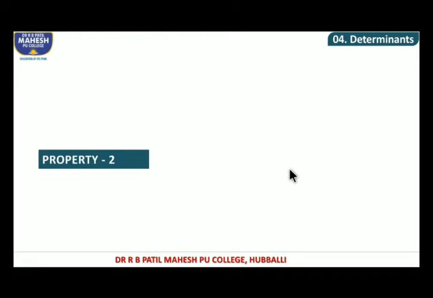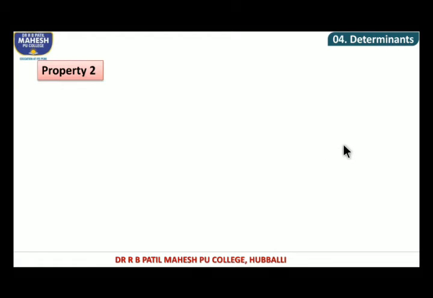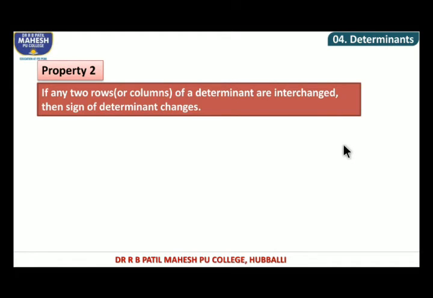Similarly, we go for the second property. Property 2: the statement is, if any two rows or columns of a determinant are interchanged, then the sign of the determinant changes. Students, in the previous property, we interchanged all the columns and rows.